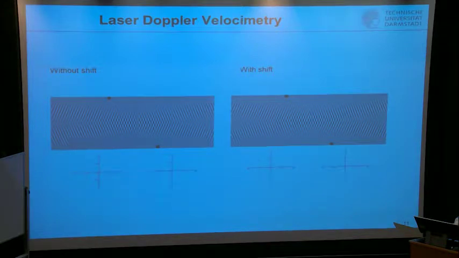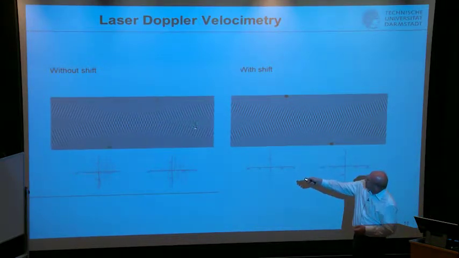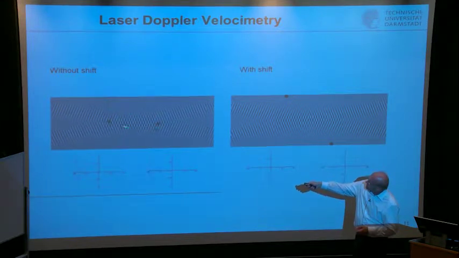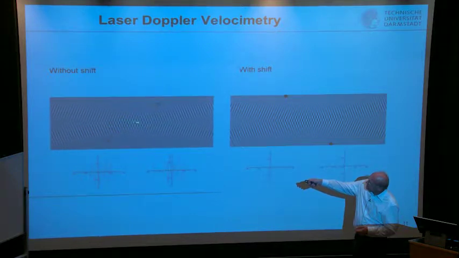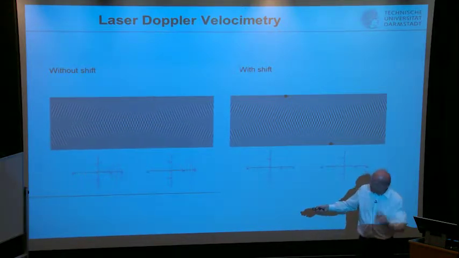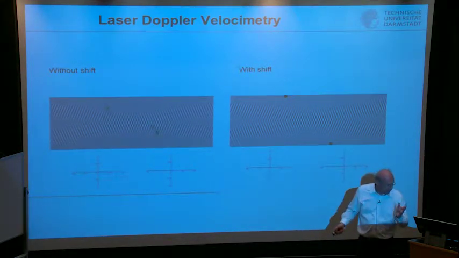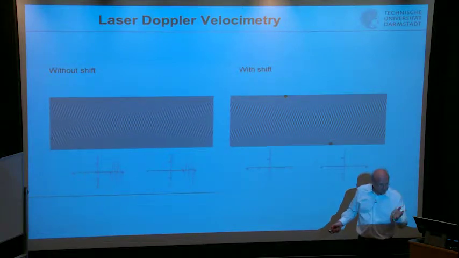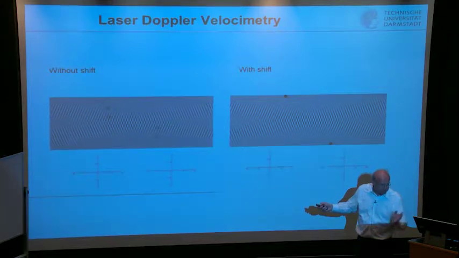On the left-hand side, we have the case without any shift. You see here the waves, exactly the same wavelengths. They interfere. You see as well nicely by the superposition that the electromagnetic waves would move from right to the left. But I have to warn you, this is a wavelength that we can see by eye. Of course, if you now use a laser in the visible, this would be in the order of 500 nanometers, for example, green light.